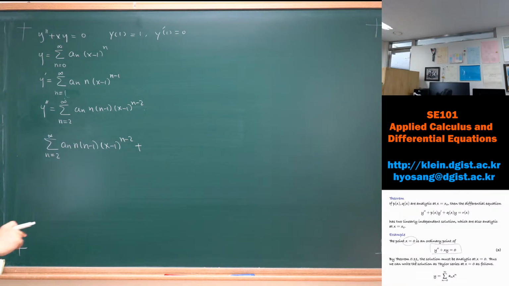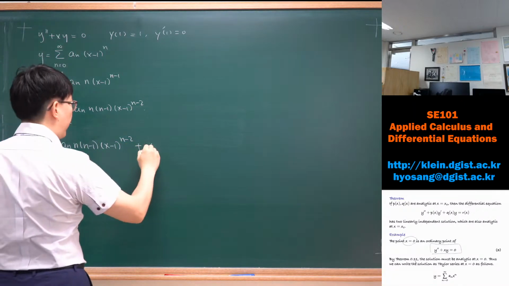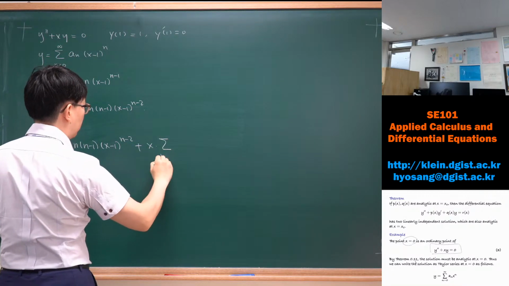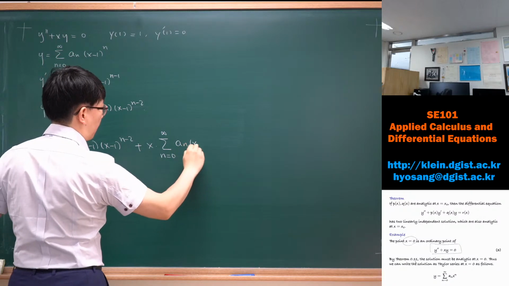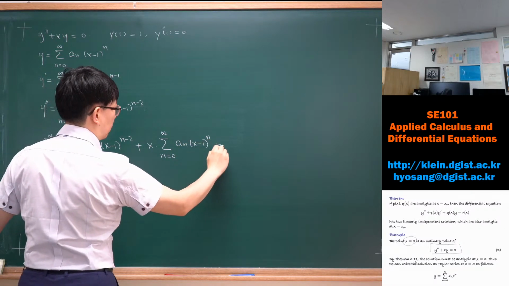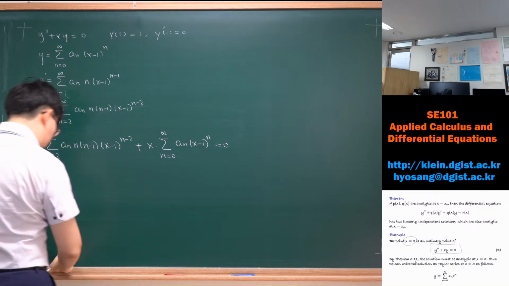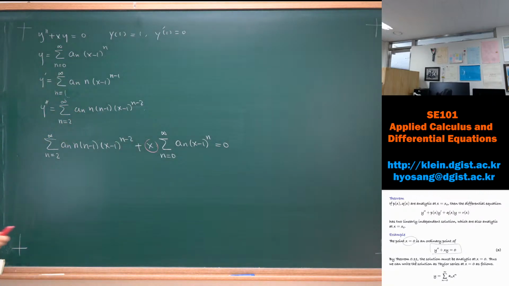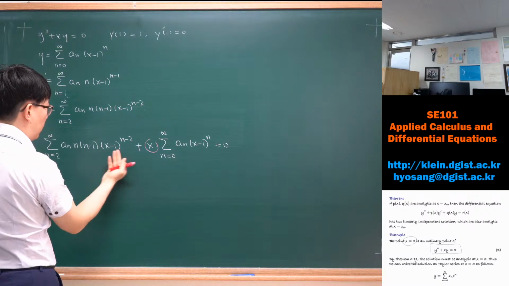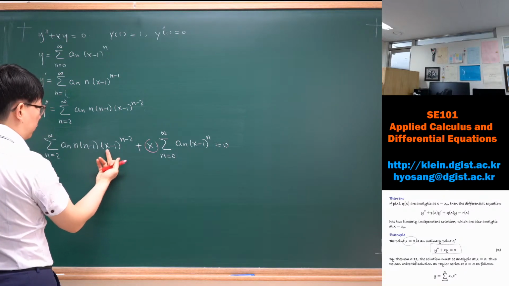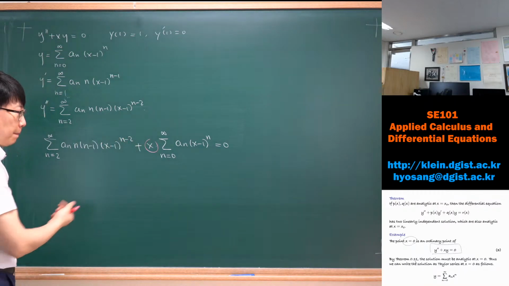Now, you have x, but what happens when I just plug in x here? This x makes trouble because everything is written in terms of the power term, (x minus 1) to the power n, right?